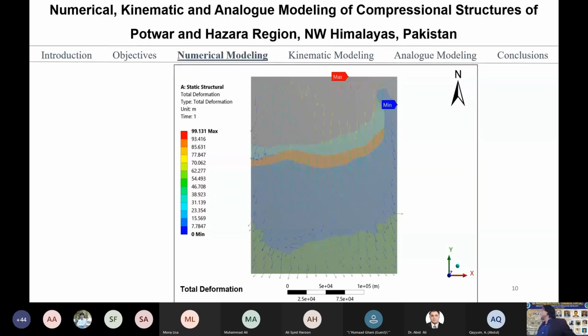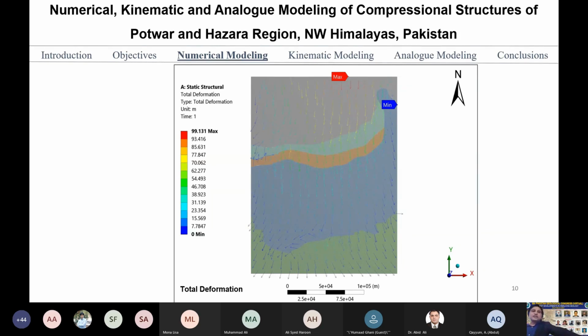This total deformation can be seen in different colors, from red to blue. The red shows the maximum deformation part, and you can observe that the arrows are rotating along the edges. This might be due to the edge effect, but it has nothing to do with tectonics. The major part in this figure is the total deformation, which started from the north towards the south.